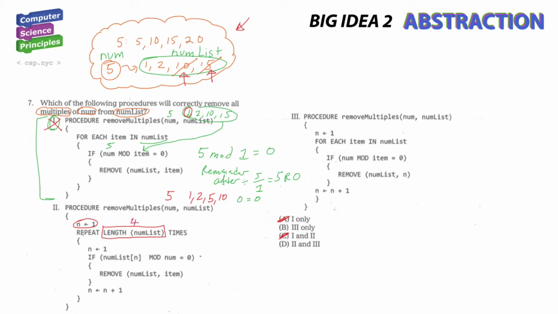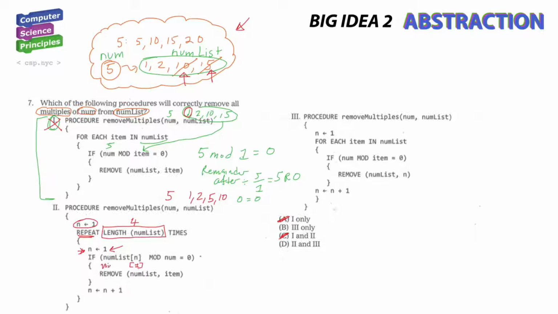The first thing inside the repeat is that it's going to give n the value of 1. So that seems pretty important here, because it's going to do this every time it repeats. It's going to give n the value of 1. So num list, and then bracket, and then 1.